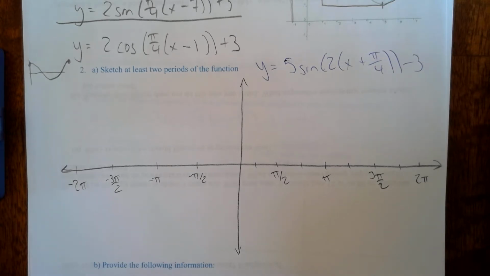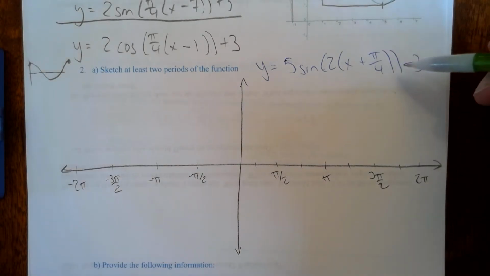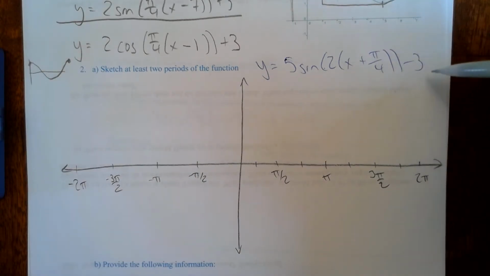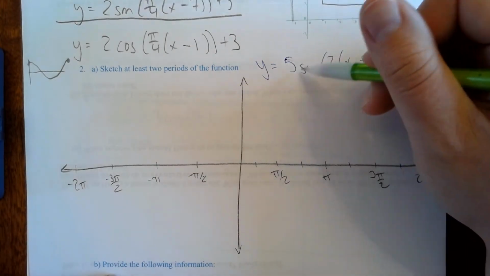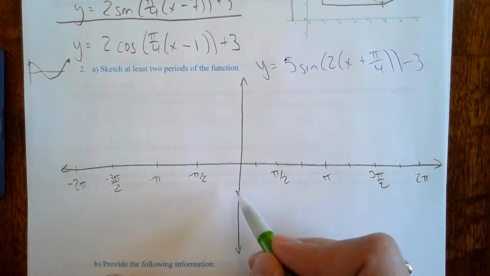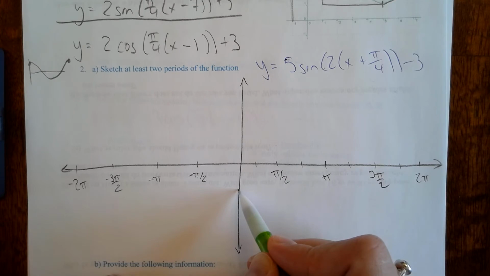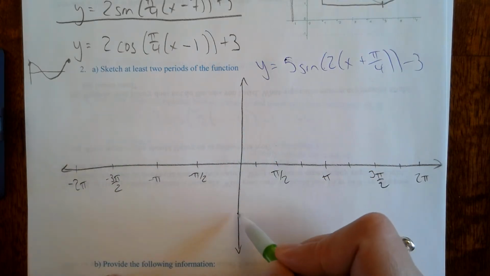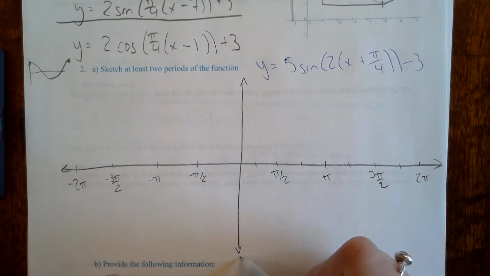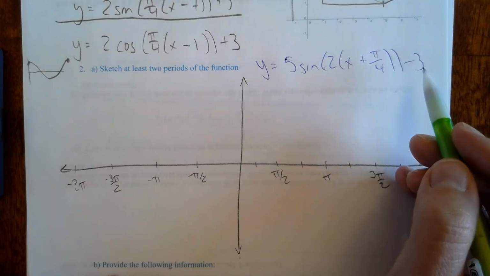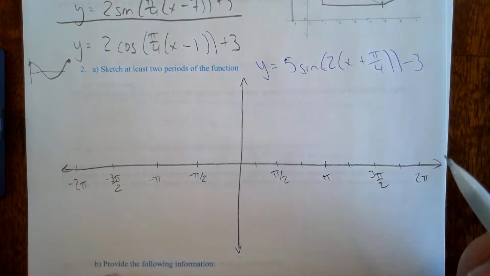So what I like to look at first, just so I can get set up, is the midline. The midline is at -3, and my amplitude is 5. So if I start at -3, we're going to go up 5 from there and down 5 from there, which makes my minimum point -3 minus 5, which is -8.